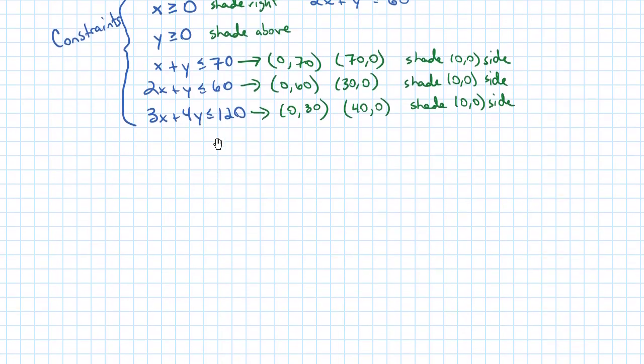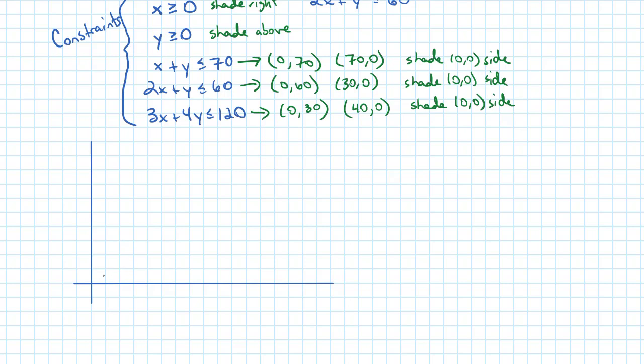Okay, so let's get down to graphing all of this. We're looking when x is greater than or equal to 0 and y is greater than or equal to 0, so we're going to look at the first quadrant only here. And we can see, given all of the ordered pairs, 30, 40, 60, 70, let's go by tens, okay?